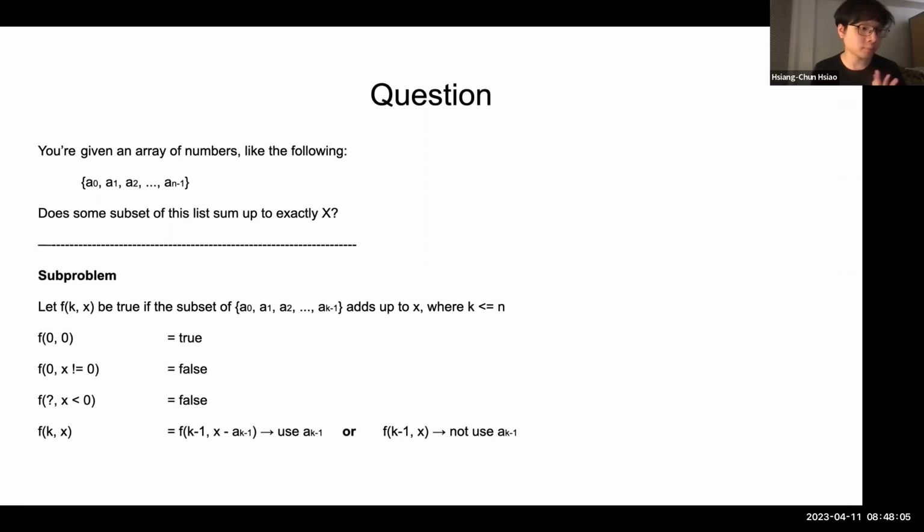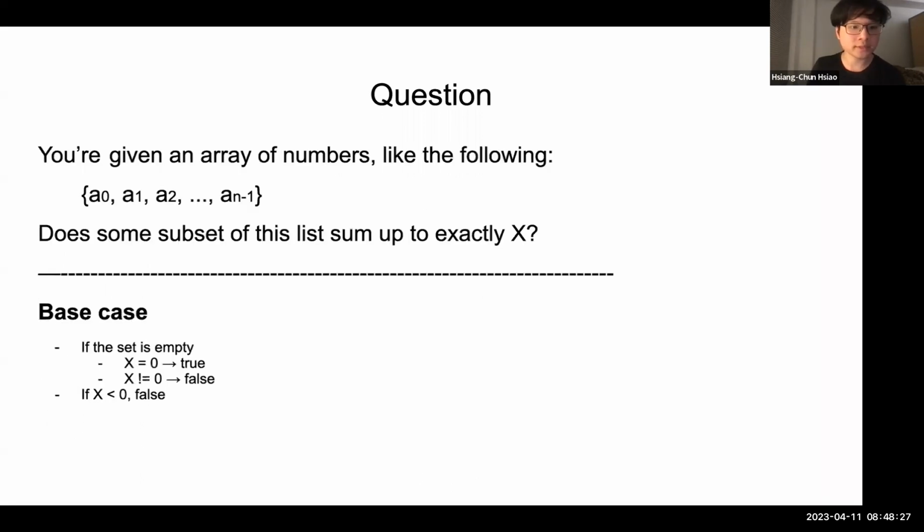So we have 4 subproblems if we identify the base case together. Let f of k of x be true if the subset A0, A1, A2 till AK-1 adds up to X, where k is less than or equal to n. So f of 0 and 0, that is the case where we say the set is empty and x is equal to 0, would be true.